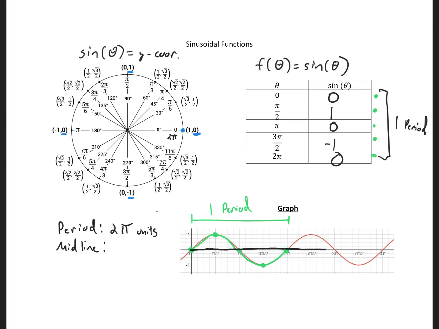Or if we wanted to state that as a horizontal line, it'd be y equals 0. And then the amplitude is the distance from the midline to a peak, or from the midline to the valley. Either way, the distance from the midline to the top of the graph is a distance of 1. Or from the midline to the bottom of the graph is a distance of 1, so the amplitude here is 1.